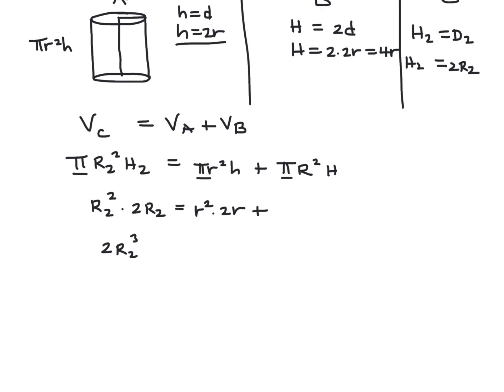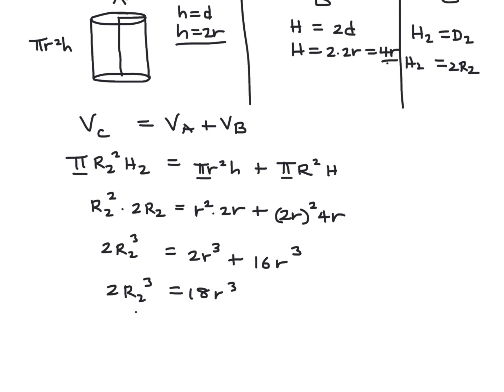So that means that big R is actually the same as 2 small r, and the height was 4r. So that's that. So this will be 2r cubed plus, this is going to be 4r squared times 4r, so it'll be 16r cubed. So this will be 18r cubed is 2r2 cubed. So r2 cubed is the same as 9r cubed.